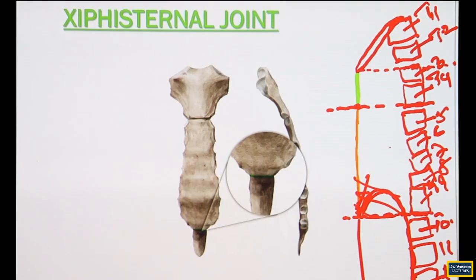So the xiphisternal joint lies in front of the 9th thoracic vertebra, or this imaginary line passes through the intervertebral disc between 9 and 10. Similarly, the line from the sternal angle passes through the intervertebral disc between T4 and T5.